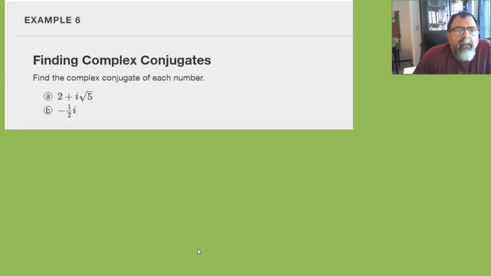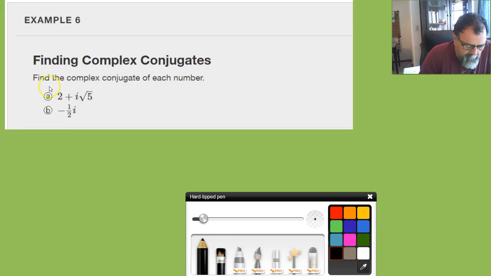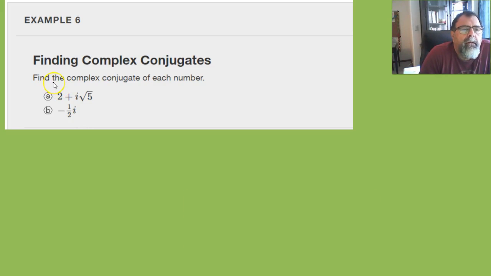Example 6, find the complex conjugate of each number. So basically, this is our complex number, and then we want to find the conjugate. For a, you're just going to switch the sign of the imaginary part, so it's going to be 2 minus i square root of 5.